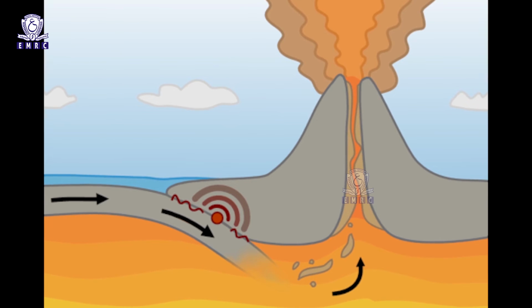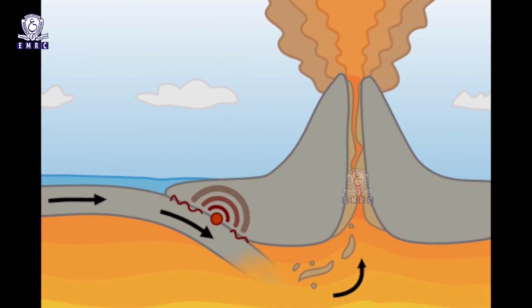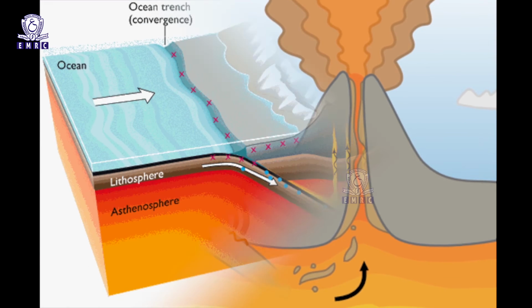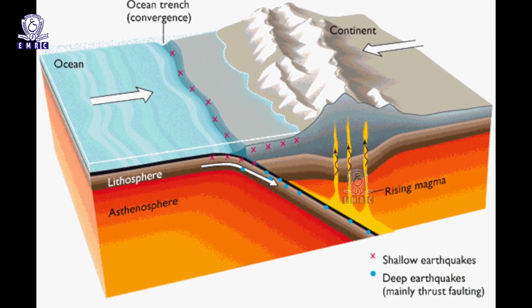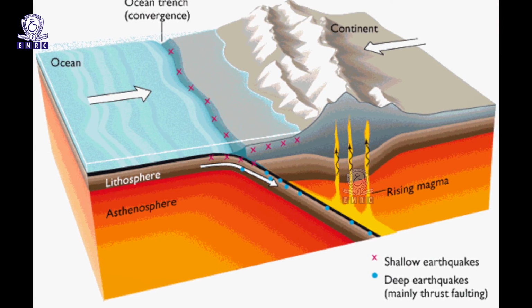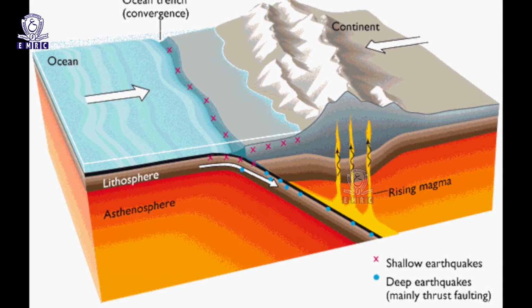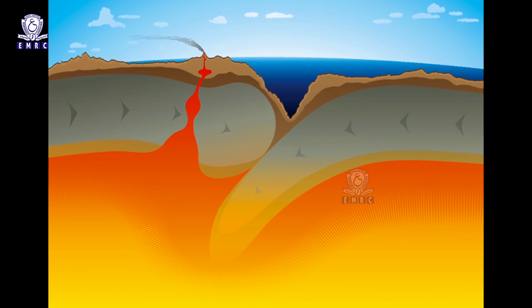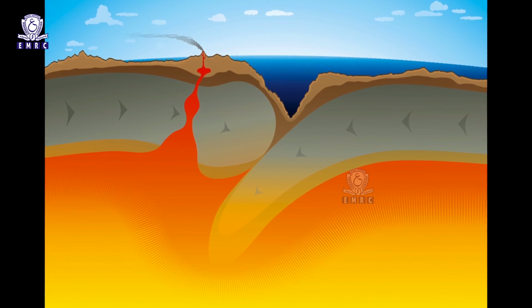Explosive type of volcanic eruption is associated with convergent or destructive plate boundaries. When two converging plates collide along the Benioff or subduction zone, the relatively denser plate is subducted beneath the comparatively lighter plate.